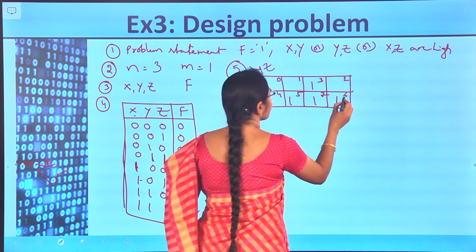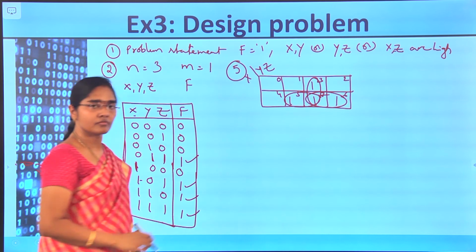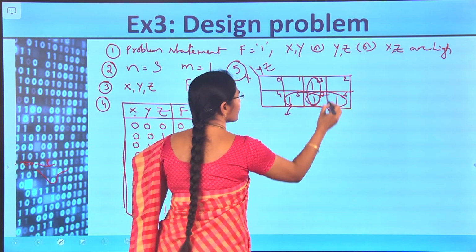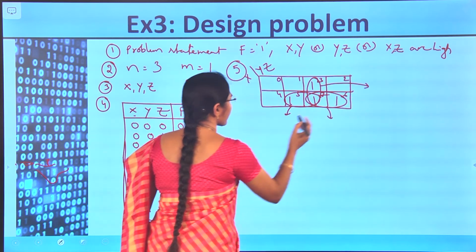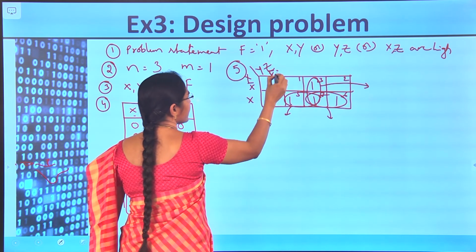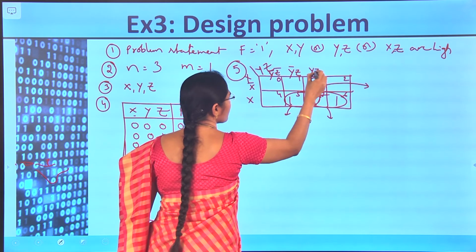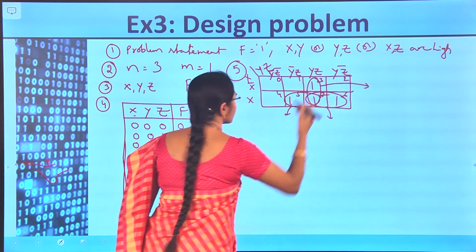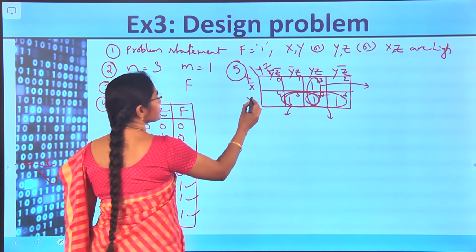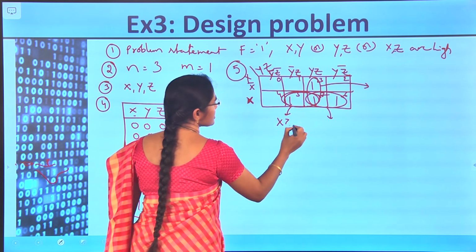And simplify this by making groups. 3 pairs are existing. Write the equivalent terms for each pair. This is x bar and x, and here y bar z bar, y bar z, y z, y z bar. For this pair, what is its equivalent minimized term? x is common, x and z.